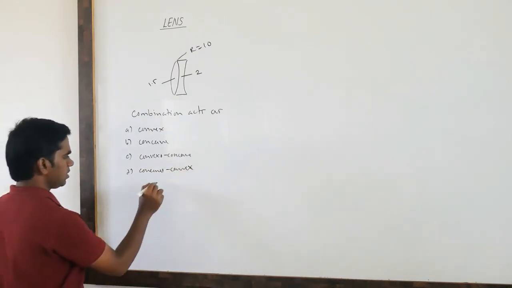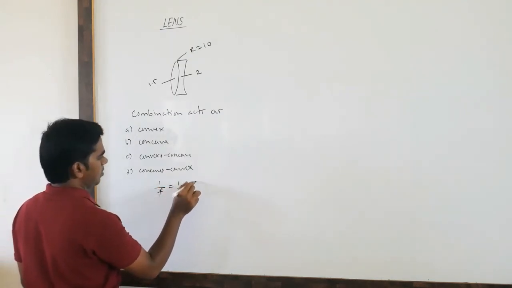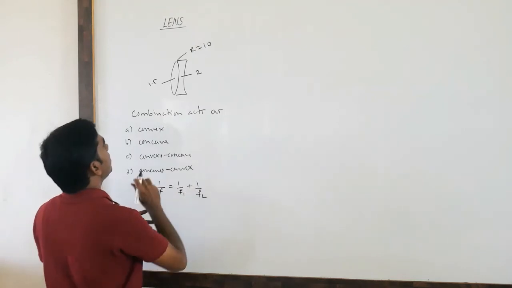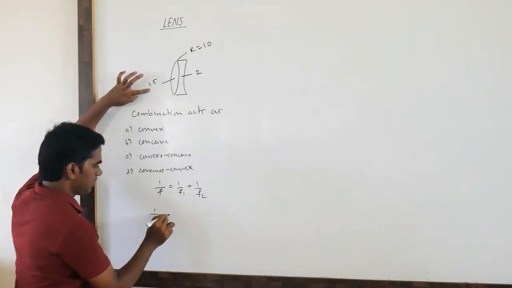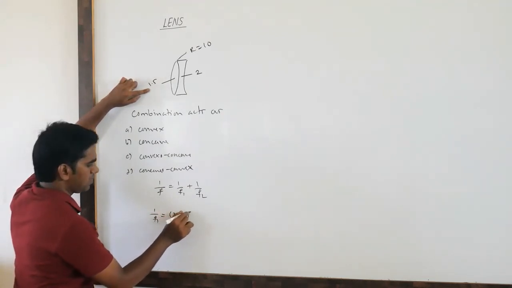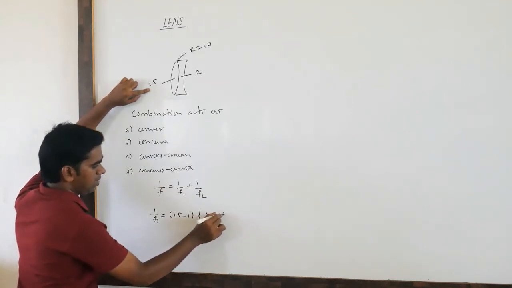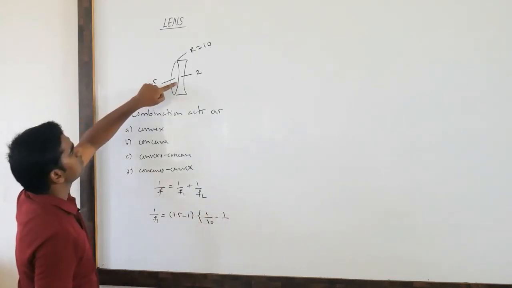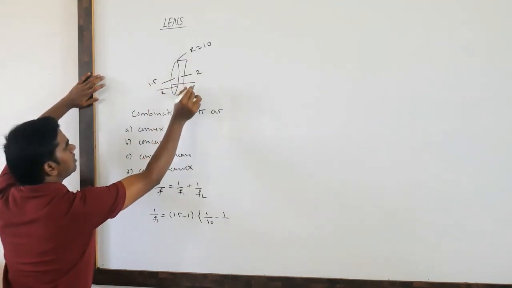For that we can use 1 by f equals 1 by f1 plus 1 by f2. So how can we find 1 by f1? 1 by f1 equals (n minus 1), where n is 1.5, into (1 by r1, that is 1 by 10, minus of 1 by the second radius, which is also 10 but negative, because this r is on this side).